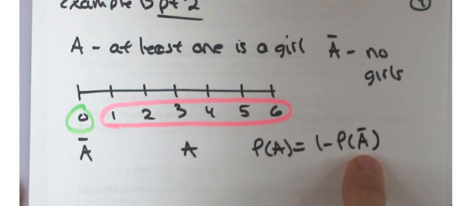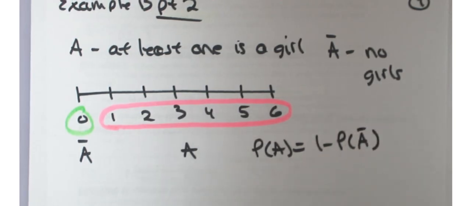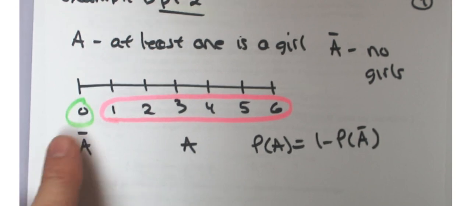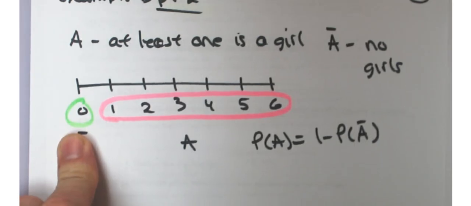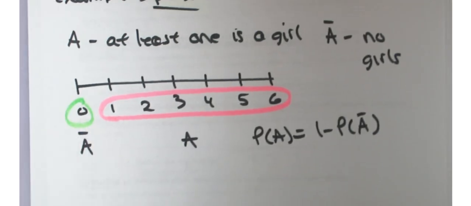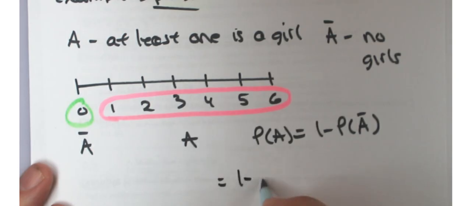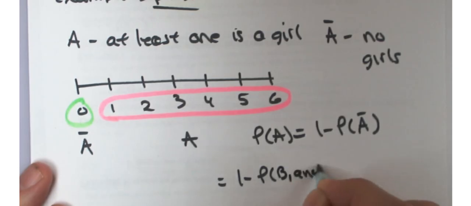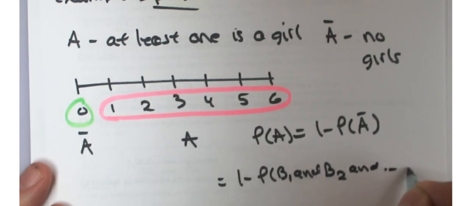What's the advantage of using the probability of not A? Yeah, there's only one thing to calculate, and that would be the probability of all boys. So that's going to equal 1 minus the probability of a boy on the first one, and a boy on the second one, and all the way down to a boy on the 6th one.